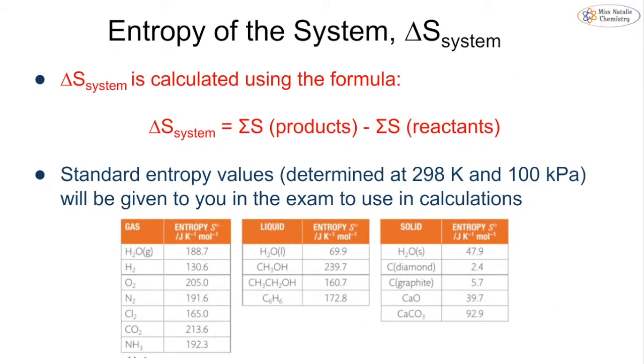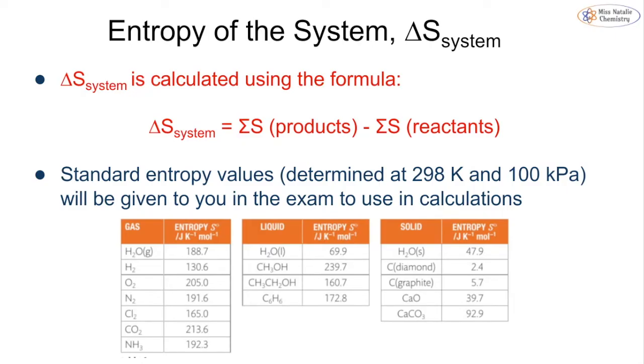Now, the entropy of the system is calculated using the formula: the sum of the entropy of the products minus the sum of the entropy of the reactants. The standard entropy values will be given to you in a calculation in the exam, so you're not expected to know these or to calculate them. You will be given a table of values and then asked to calculate an entropy of system or a total entropy.